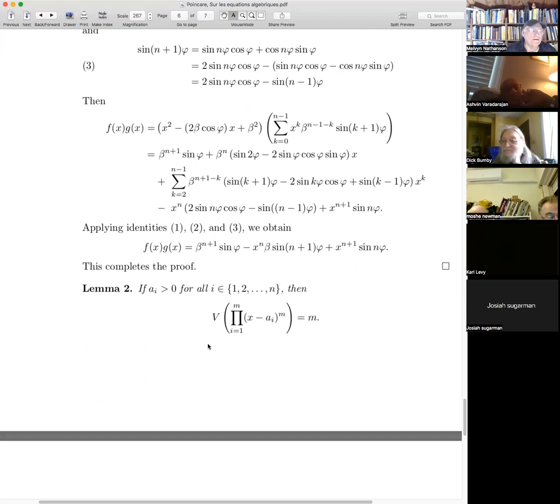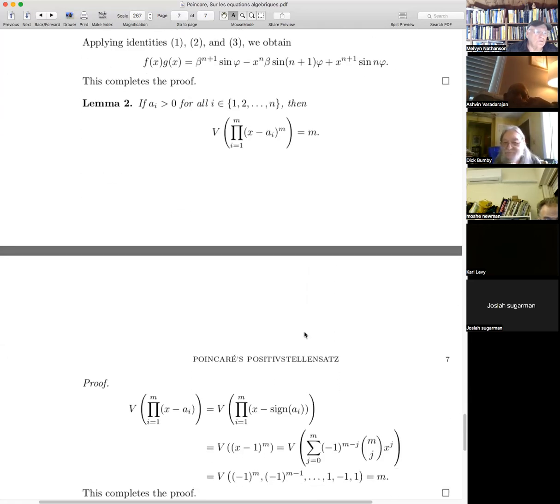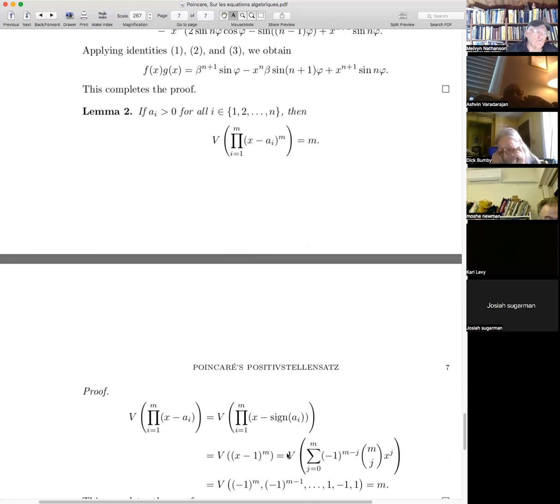The other identity that I use in the proof said something like this: if you have positive numbers a sub i, and again, this exponent m shouldn't be there. This is just the product, i goes from 1 to m, of x minus a_i. The number of sign variations in this is m, and the one-line proof, well, it looks like 3 lines, but it's really 1 line. I want to know the number of sign variations in this.